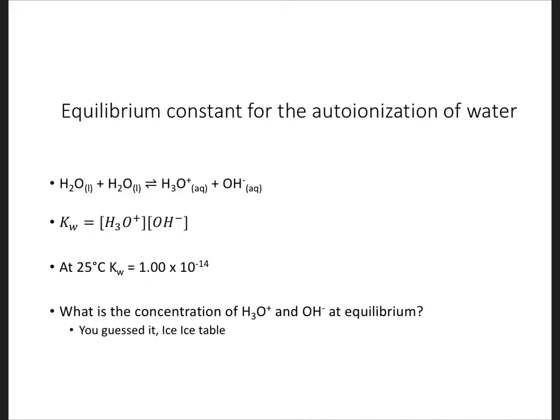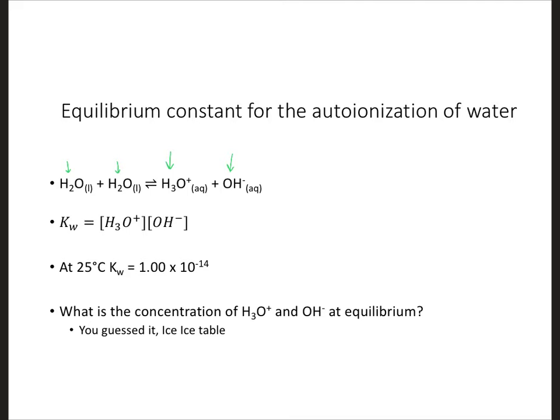Because water has this ability to automatically ionize into the component ions, hydronium and hydroxide, we can describe this as an equilibrium reaction. One mole of water and another mole of water spontaneously, a small percentage of them, form H3O pluses and OH minuses.